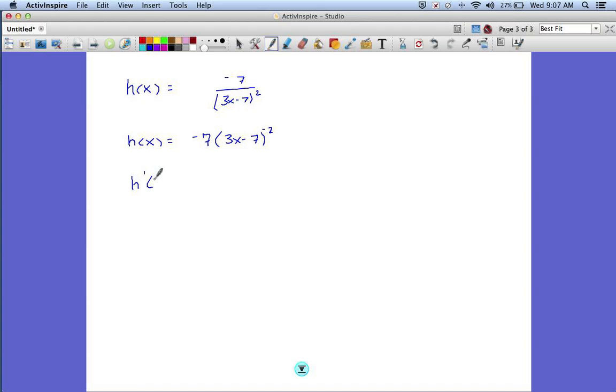So my derivative will then be, the power rule says, multiply down, so I get 14 times 3x minus 7 to the negative 3. Remember, we're subtracting 1. And then don't forget, the derivative of the inside says times 3. So I end up with 42, 3 times 14, over 3x minus 7 to the 3rd power.